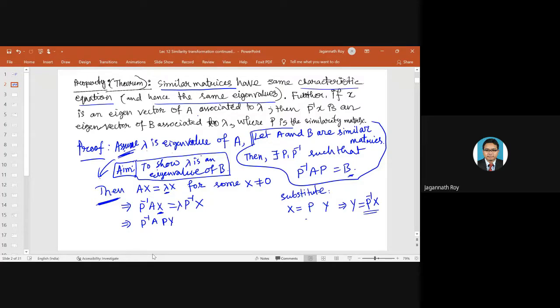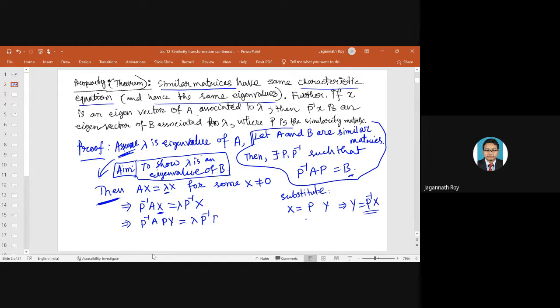So now we substitute lambda times P inverse X. This is given already.